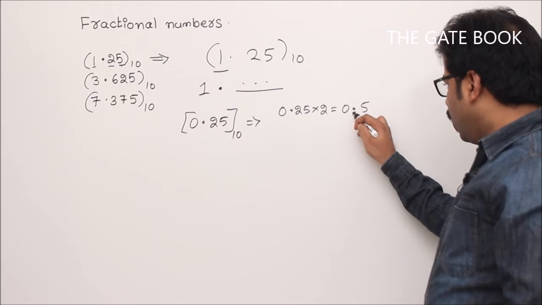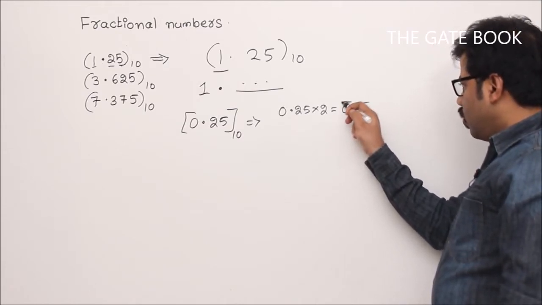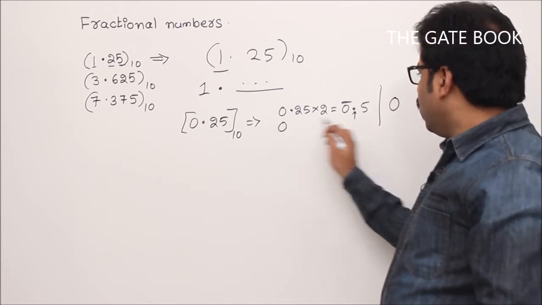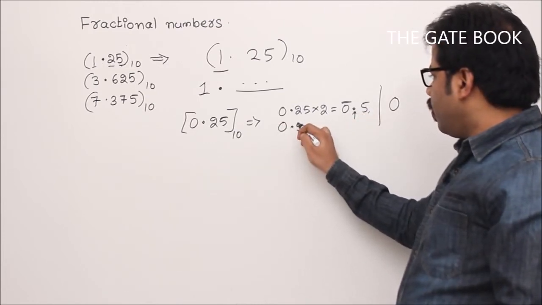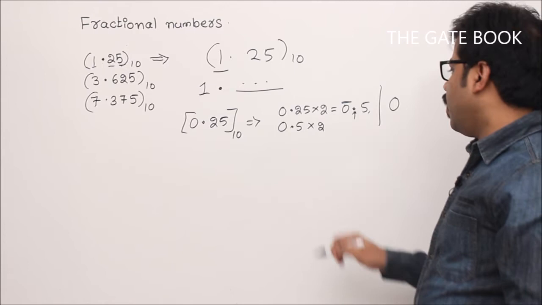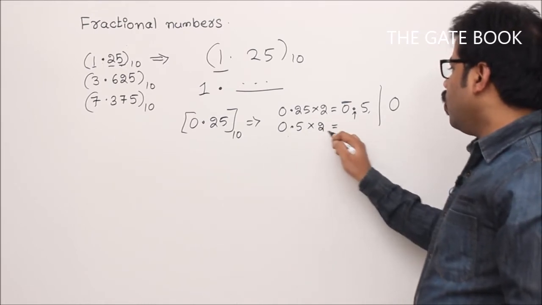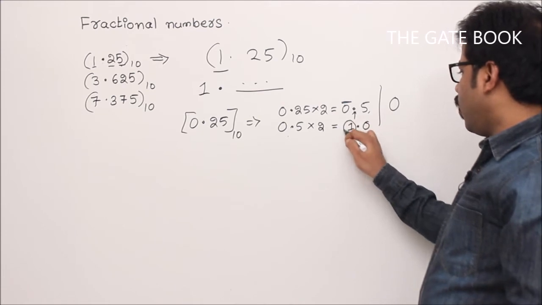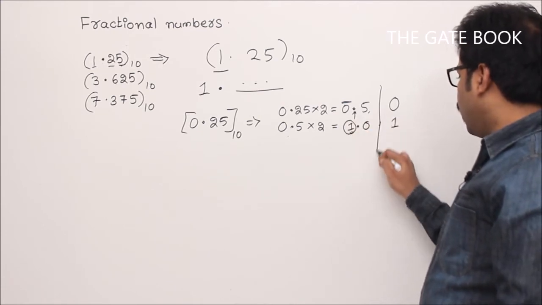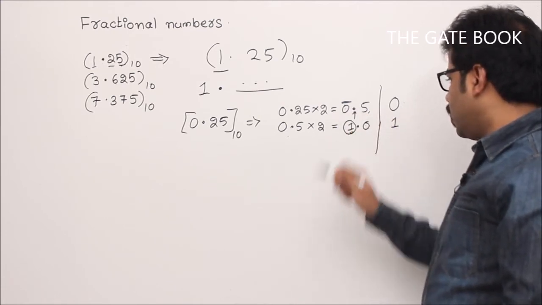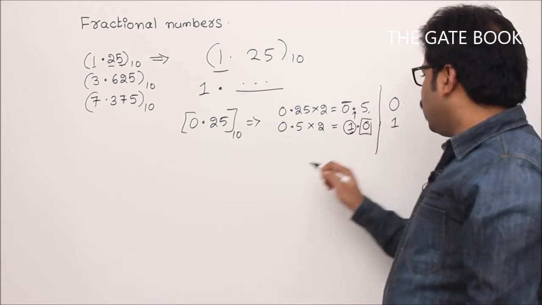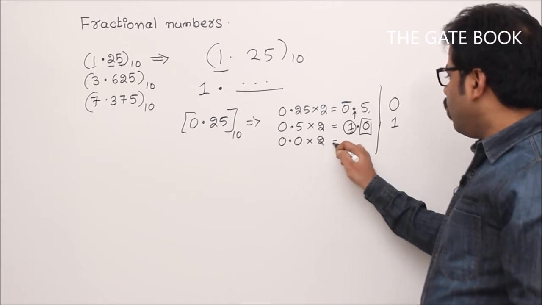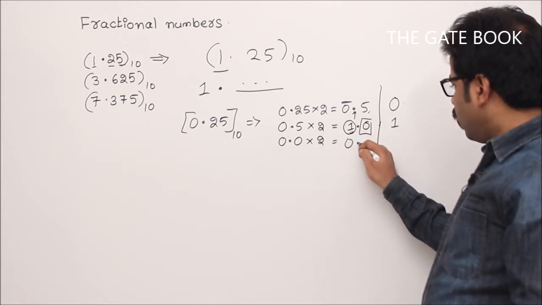So now this integer part is 0, right? Remember that 0. Next, take the remaining part 0.5 and multiply with 2. 0.5 into 2 is 1. Whenever you get 1, this 1 should be remembered like this. In that way we have to remember always this portion. Now take the remaining part again, 0.0. 0.0 into 2 will be 0.0, right?